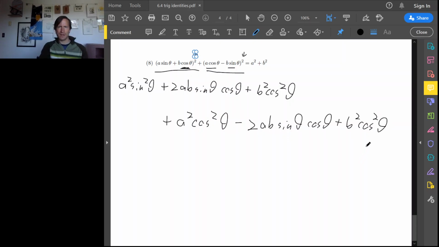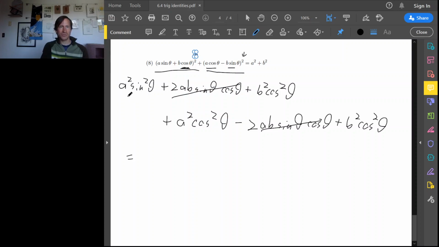All right, right off the bat, some nice stuff happens. These big middle pieces are gone. And we have lots of trig functions that are squared, so probably the Pythagorean identities are going to come into play.